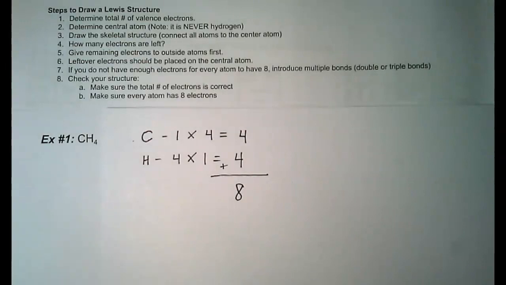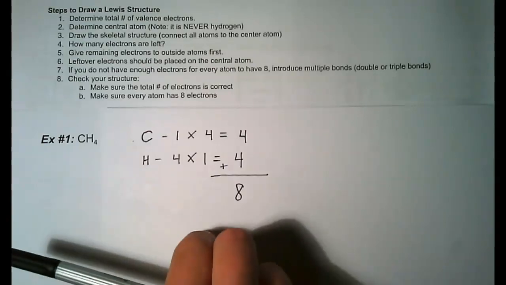So the most common mistake people make in drawing Lewis structures is having too many electrons in their structure. So it helps to use some counters when you're initially learning to draw Lewis structures to make sure that you have the correct number. So I'm going to use these little pastas here.